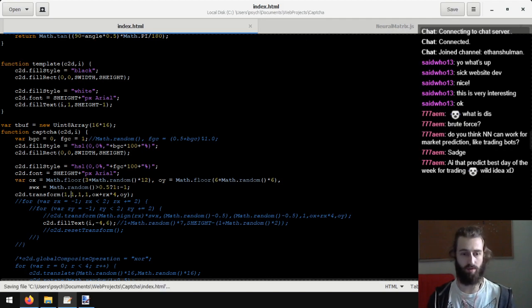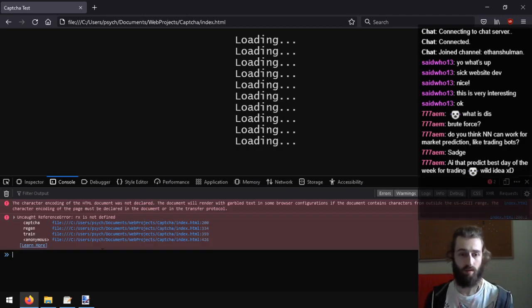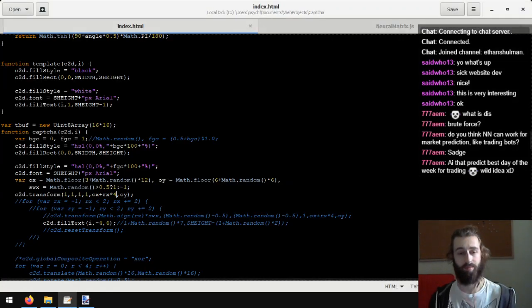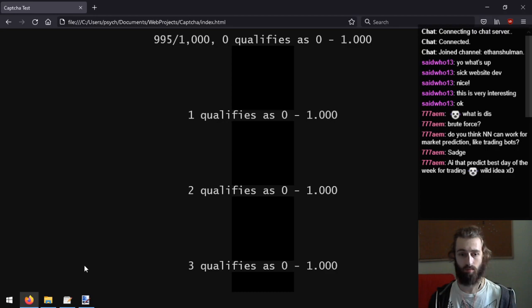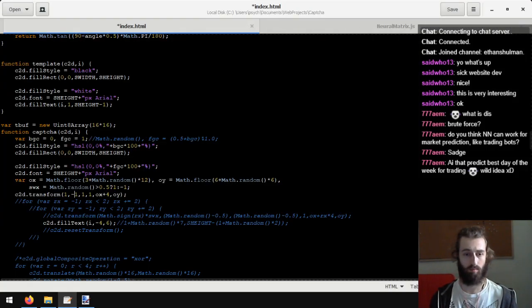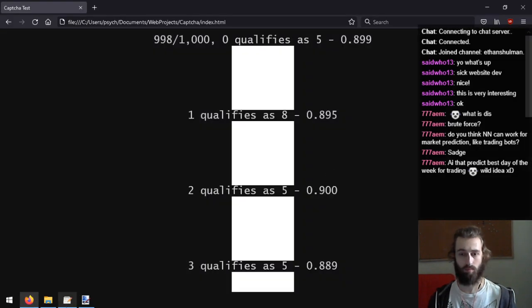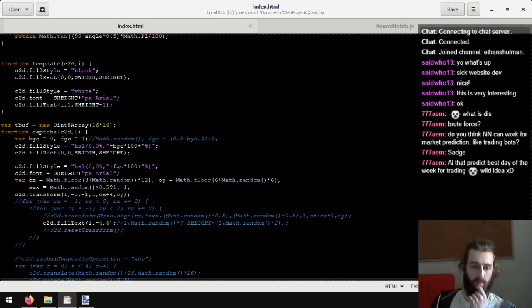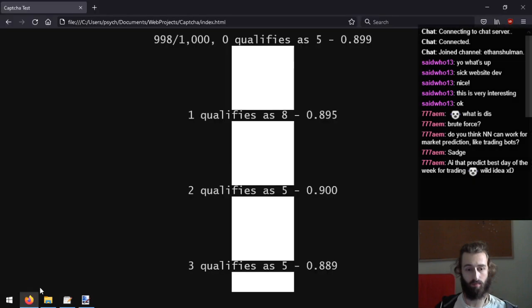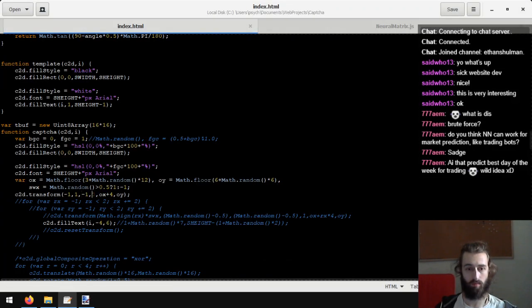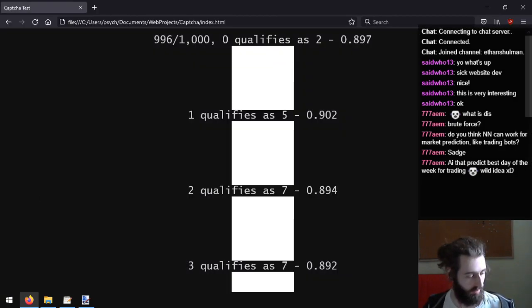Wait, is this part of the rotation matrix? What am I getting wrong about this function? Sine... Alright, I gotta look up this transform function.